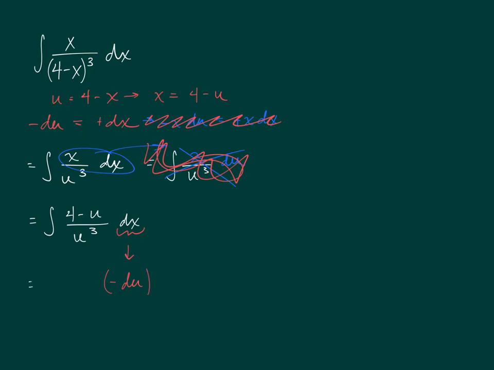So we have an integral of 4 minus u over u cubed times a negative du. And again, with any constant multiplier like this, -1, I like to pull it out to the front. So this would be negative integral 4 minus u over u cubed du.